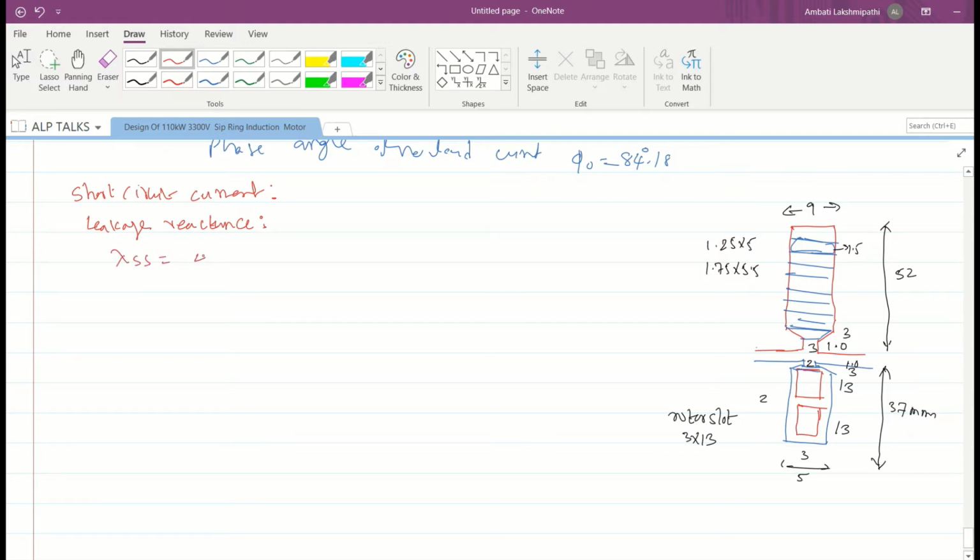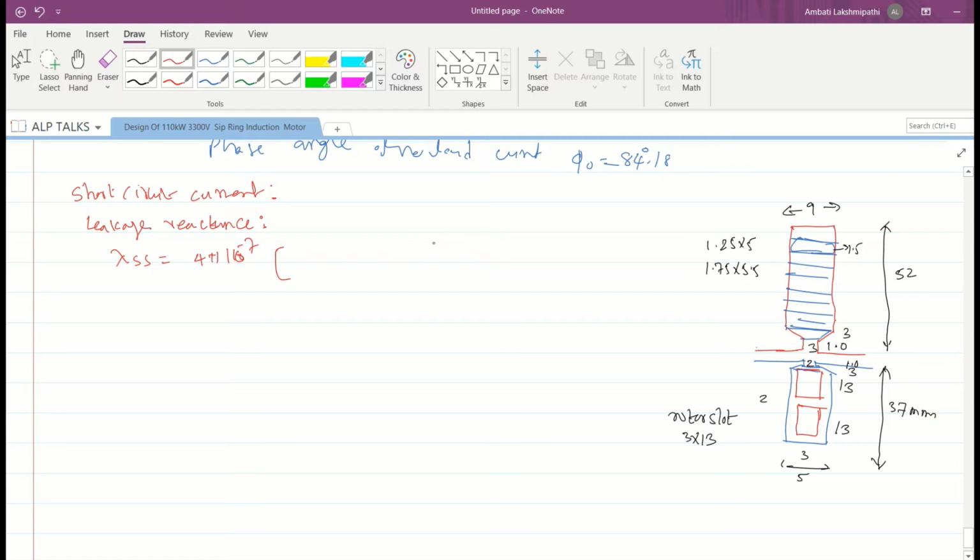For example, the formula is like this: 4 pi into 10 power minus 7, and we have different parameters in this. All the parameters I just mentioned on the right-hand side.